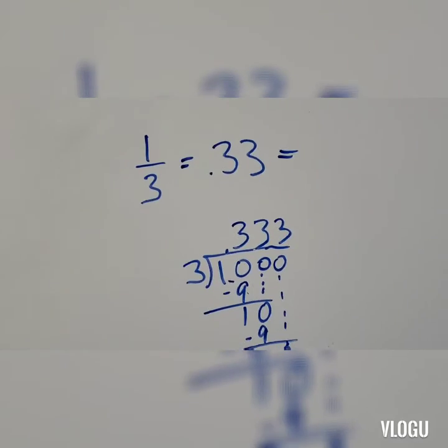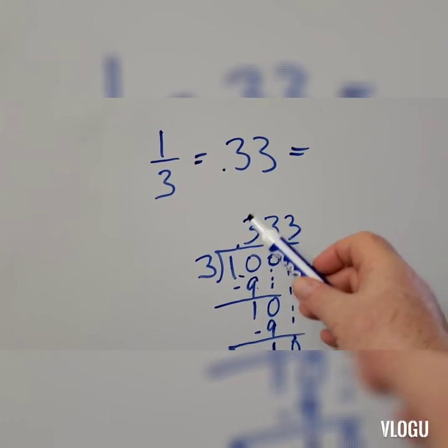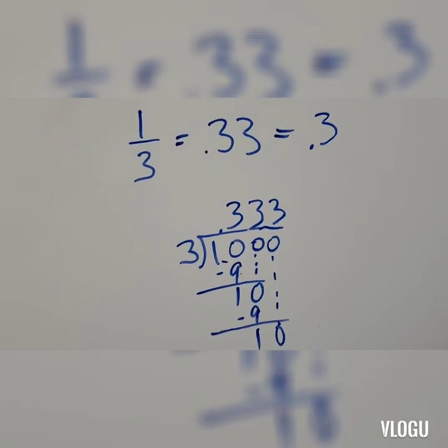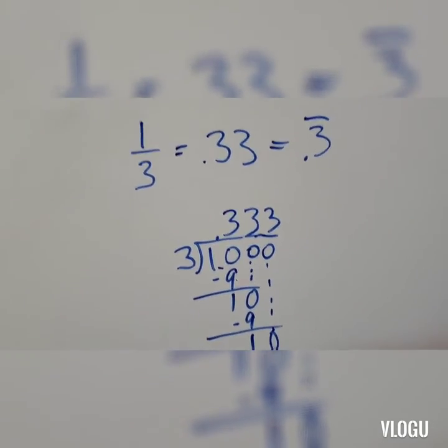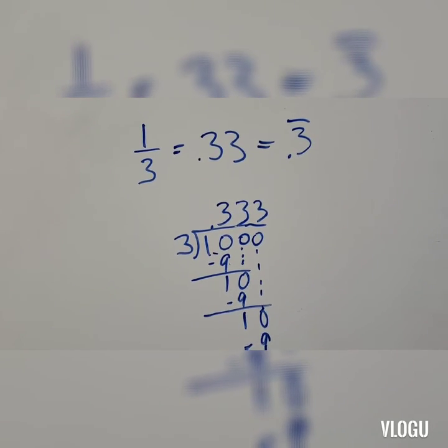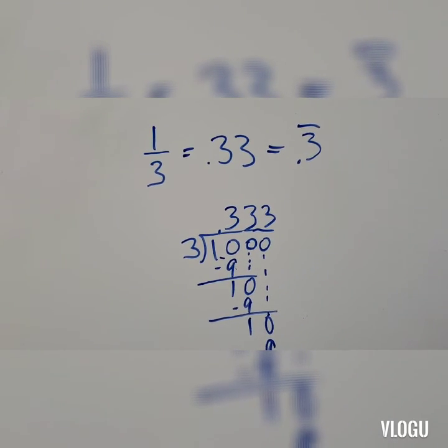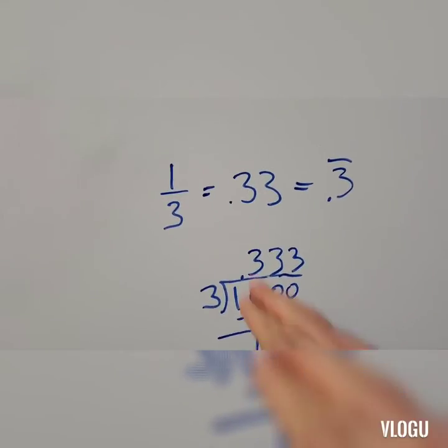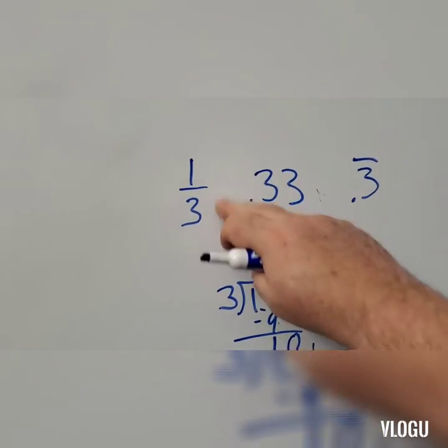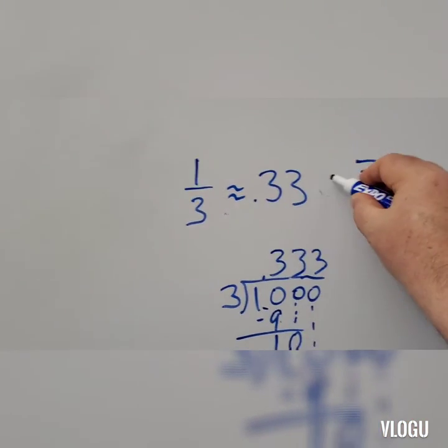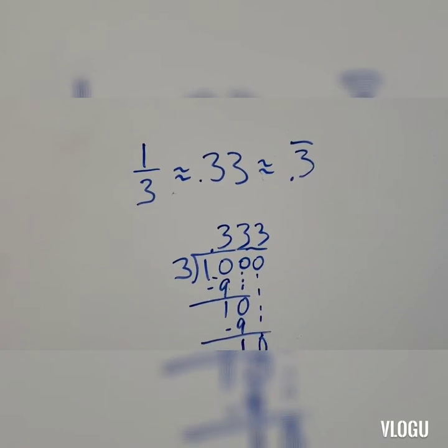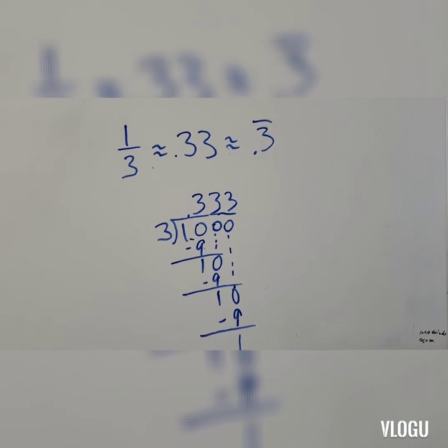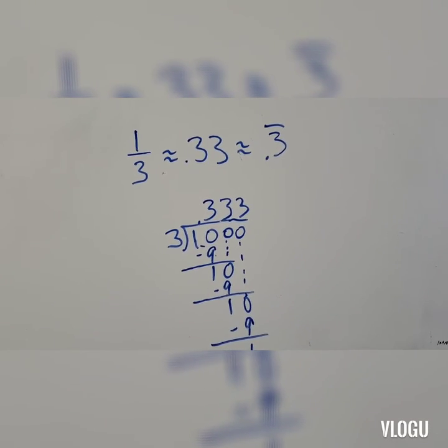Or when there is a number that repeats, you only have to write the repeating number once and put a line over it. That tells you that the number that's under the line is going to repeat. Now, these aren't truly equal, but they're pretty close. And that's how we can finish or end a never-ending division problem.